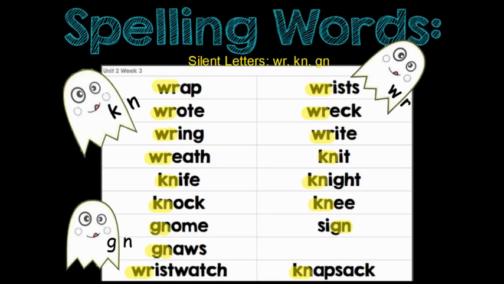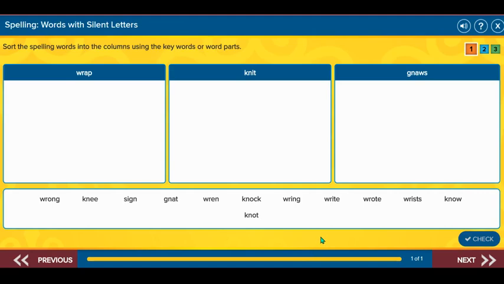Now we're going to take a quick look at some of the games that we have on Wonders this week. For this game, you have 3 groups, one for each consonant digraph that we talked about. WR with the example wrap, KN with the example knit, and GN with the example gnaws. You will read each word and sort them into the correct groups.